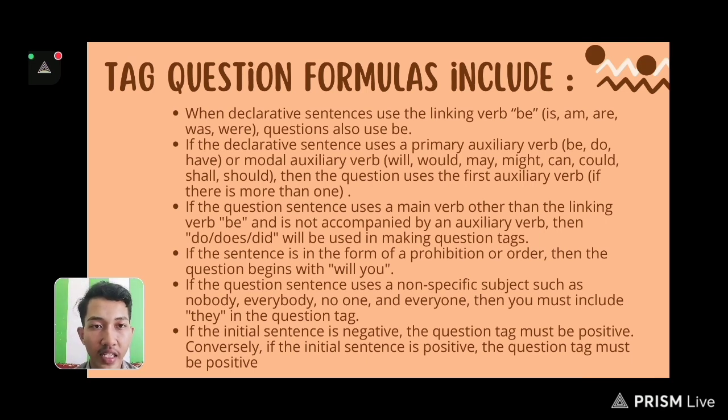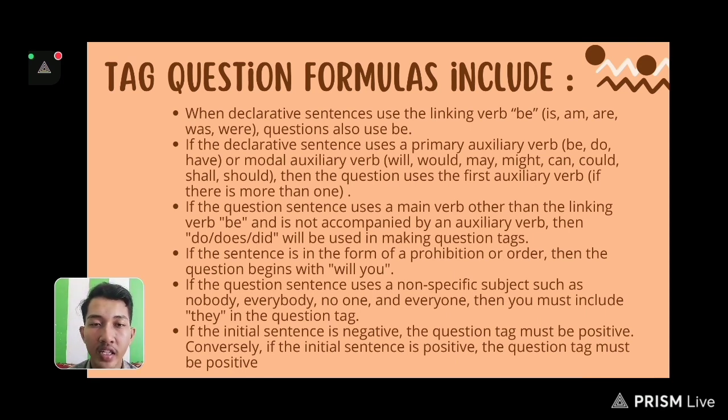If the sentence is in the form of a prohibition or order, then the question begins with "will you." And the next, if the sentence uses a non-specific subject such as nobody, everybody, no one, and everyone, then you must include "they" in the question tag.